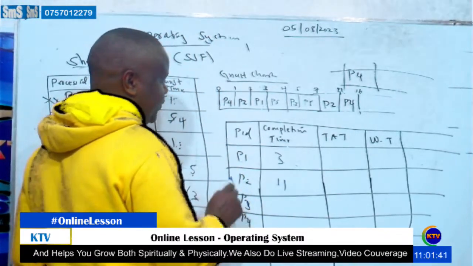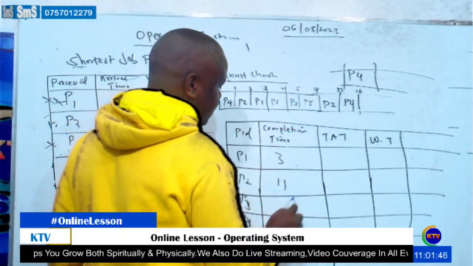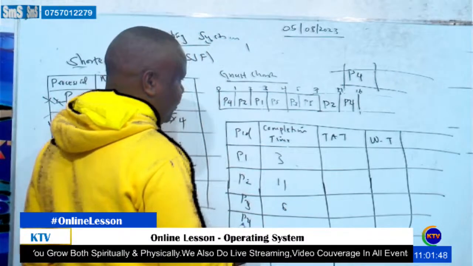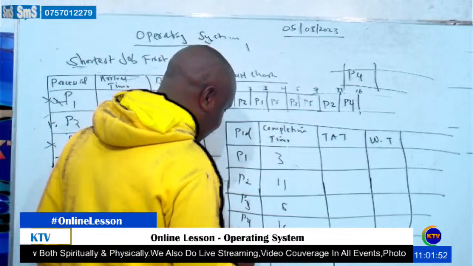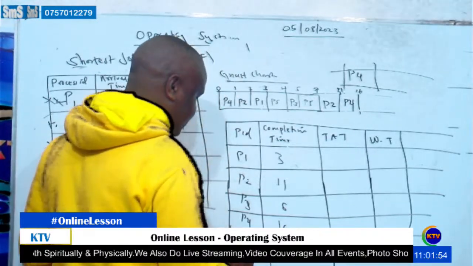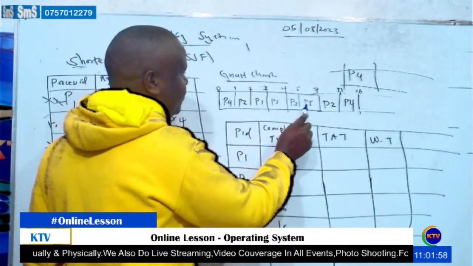The completion time for process 3 is 5. Completion time for process 4 is 16. And the completion time for process 5 is 7.